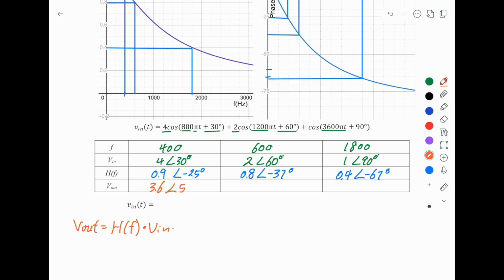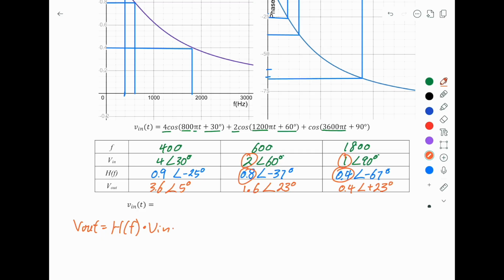This is 5 degree. 2 times 0.8 is 1.6. And 60 minus 37, this is 23 degree positive. This is 1 times 0.4, this is 0.4. 90 minus 67 degree, this is positive 23 degree.